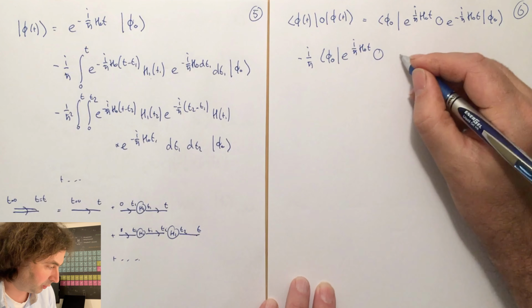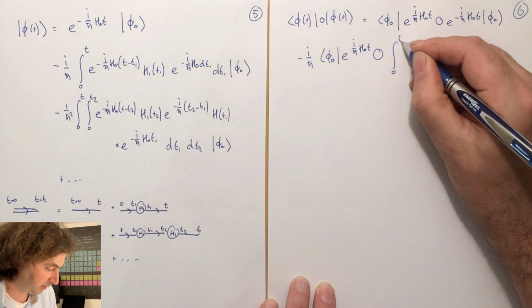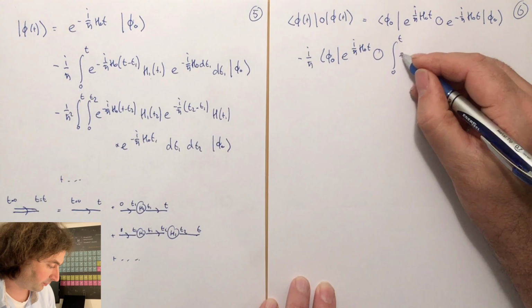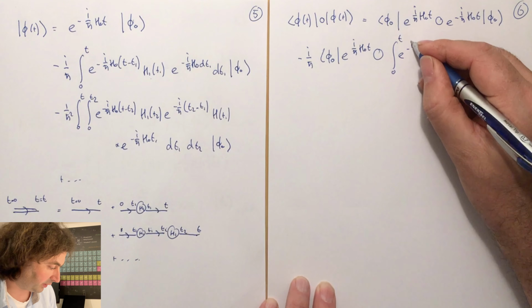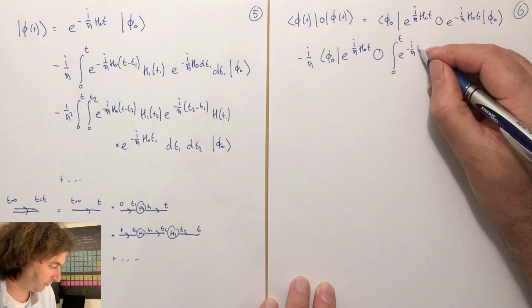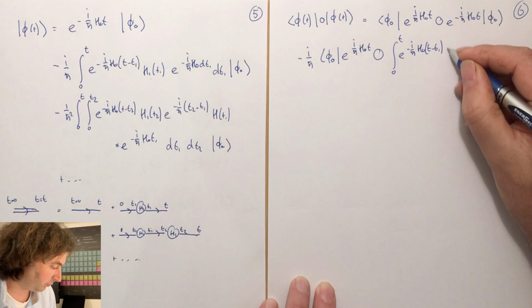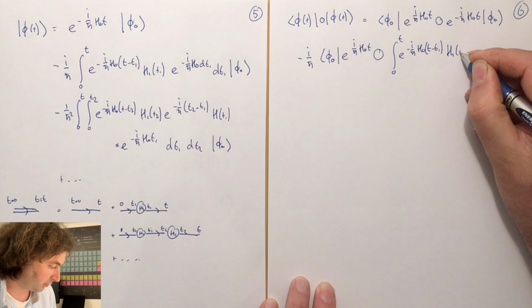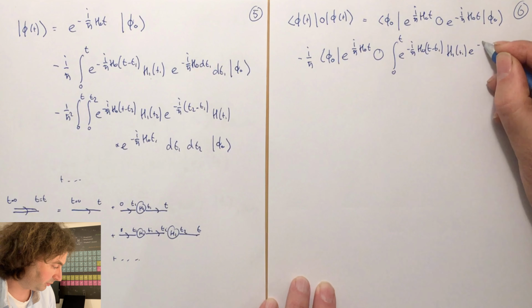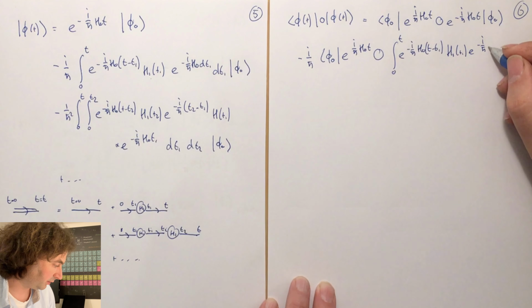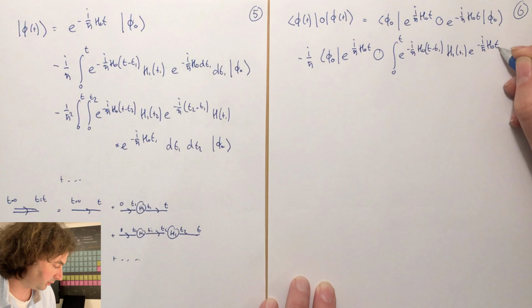H0, O, and then we have the first order propagation in the wave function. H0 (t minus t1), H1 at t1, e to the minus i over h-bar H0 t1, dt1, phi 0.